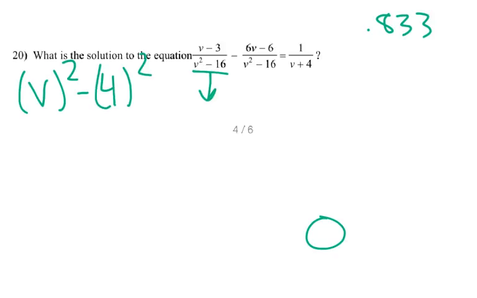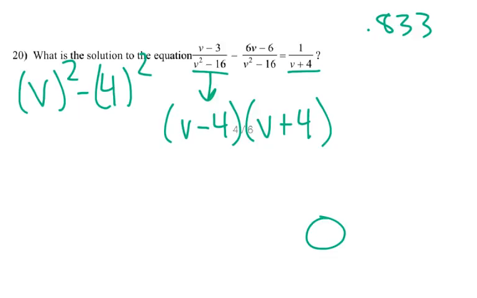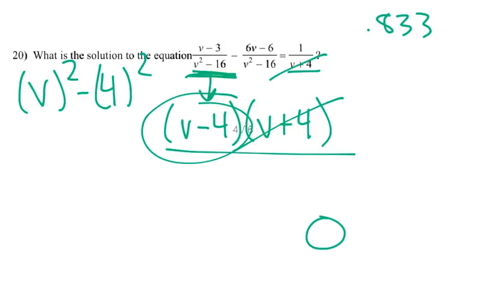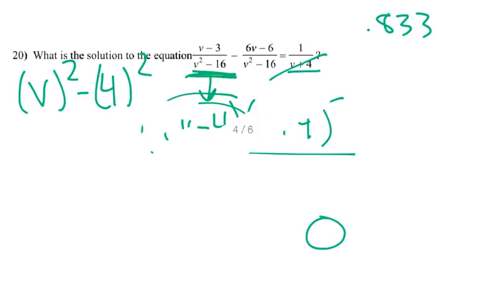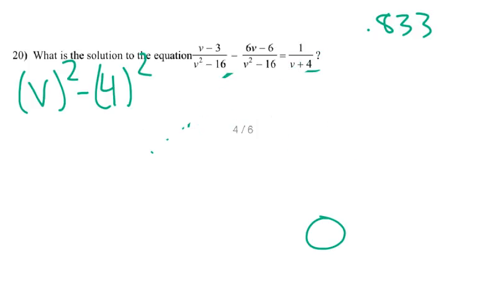So I could simplify that to v minus 4 times v plus 4. Now the reason I want to do that is to realize that this v plus 4, if I times by v squared minus 16, I'm going to get rid of those and just have v minus 4 left over. Okay, that's the idea here you wanted to have.